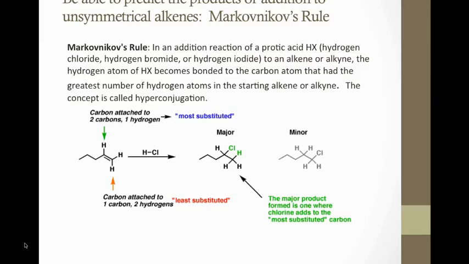This was what happened with a symmetric alkene, an alkene that could be split down the center and have the same number of atoms of whatever compounds to the left or to the right or to the top or to the bottom. What happens in unsymmetrical alkenes? You see in the picture an example of an unsymmetrical alkene.